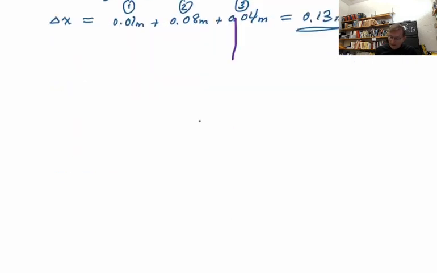So that you can check yourself, I'm going to tell you what answer you get when you do part B. We're finding delta x between 0 and 120 milliseconds. That's 0.12 seconds. And we're integrating v of t dt.